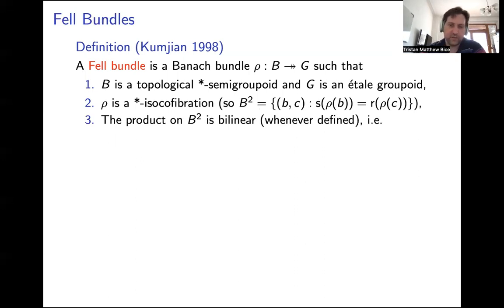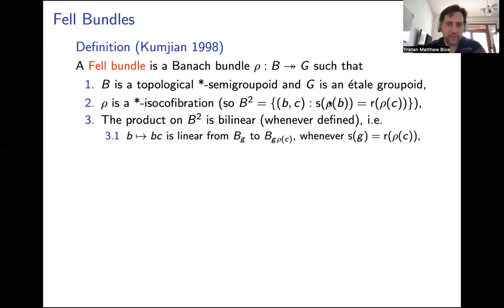Sometimes it's not defined. So to be more precise about what we mean by bilinearity here, what I'm really saying is that this map taking B to BC here is a linear map from this fiber to this fiber, where this fiber corresponds to any element of G whose source is the same as the range unit of rho of C. So you're fixing C here and saying, well, look at a particular fiber B of G, which satisfies this condition, and then this map will always be defined, and also the sums within the fiber will be defined, scalar products within the fiber will be defined.